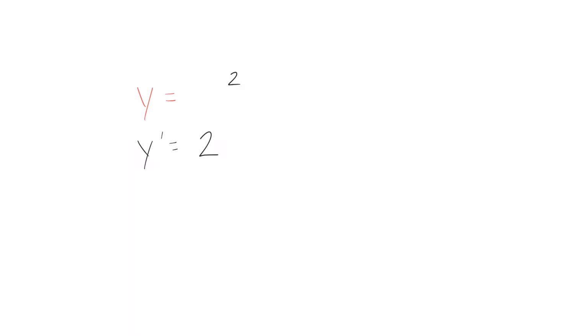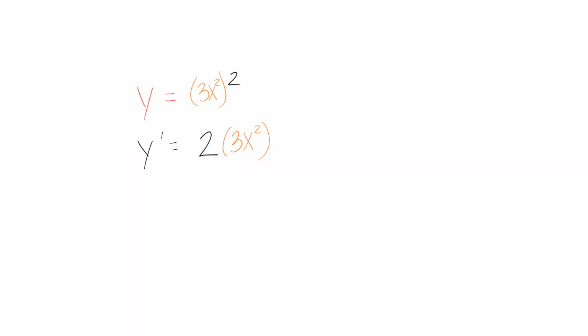What if that blue heart was actually 3x squared? Then the derivative would still be 2 times 3x squared. Does that make sense?